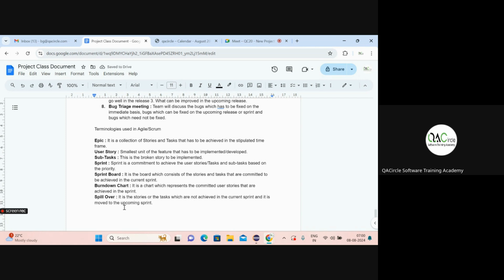Okay, so epic, user story, subtask, sprint, burn down chart, spillover. I think I have covered most of the terminologies that would be used in Scrum. So, any doubts here, guys? Whatever you have understood here.